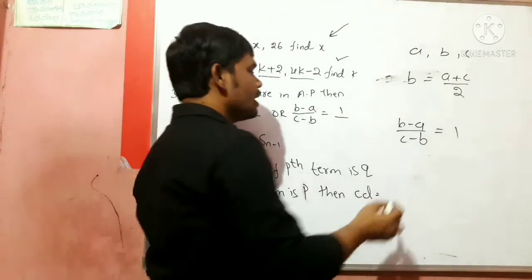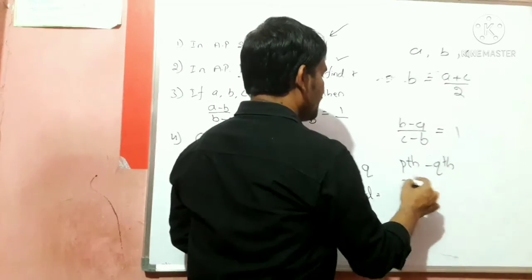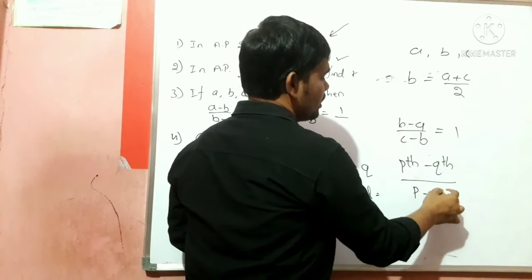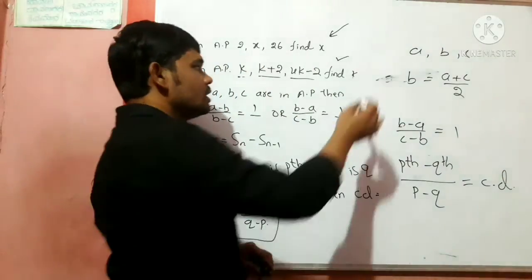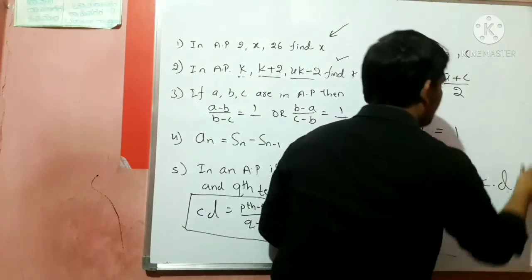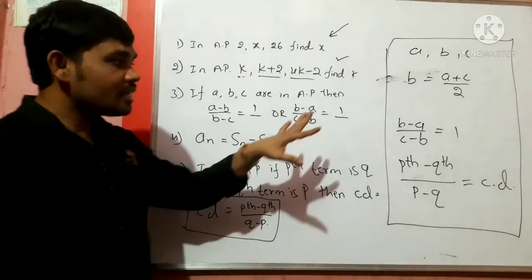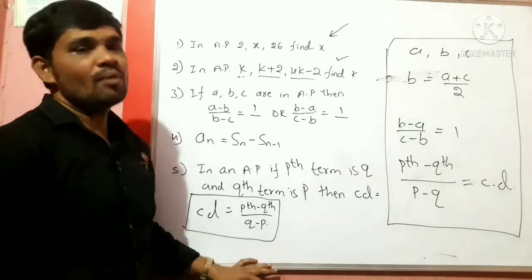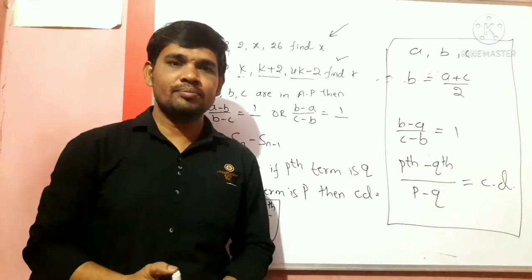And lastly, the pth term minus the qth term divided by (p minus q) is always equal to the common difference. Based on these things, they will ask the problem questions. This is the simple way you have to solve it.